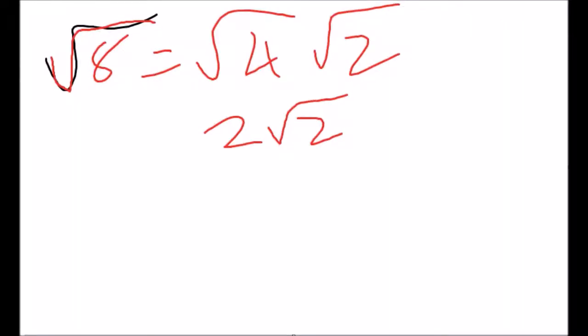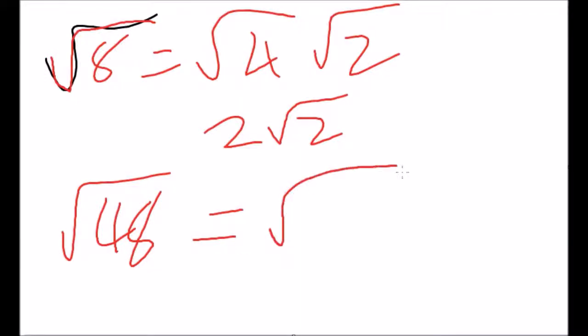Let's see how this plays out with some other things, and we can develop a general method for how to do this. Let's say you have the square root of 48. Our approach would be to rewrite it. 48 is divisible by 4 times 12.